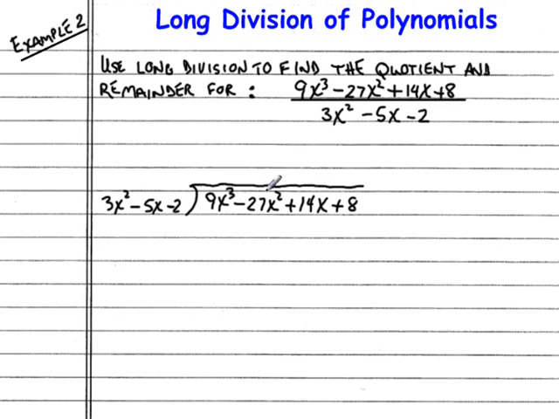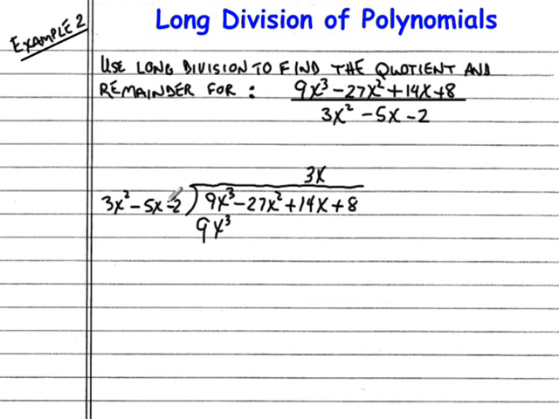And so we decide where we're going to put that 3x, and we put it in the column of x to the first power. So we'll write our 3x right here. Now remember, we take this 3x and we multiply the whole divisor with this 3x. And so we multiply term by term. 3x times 3x squared is 9x cubed.